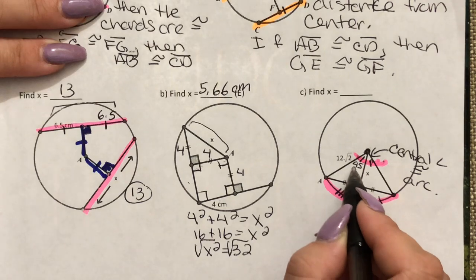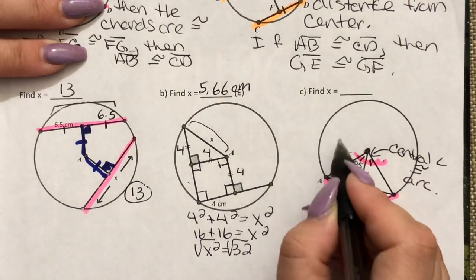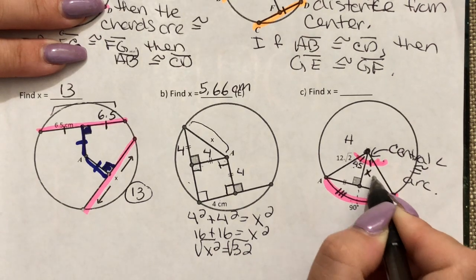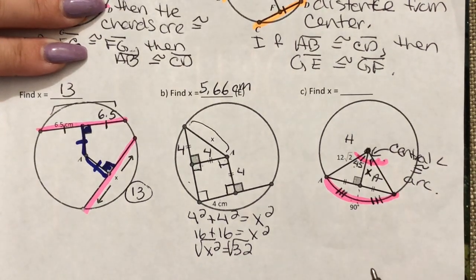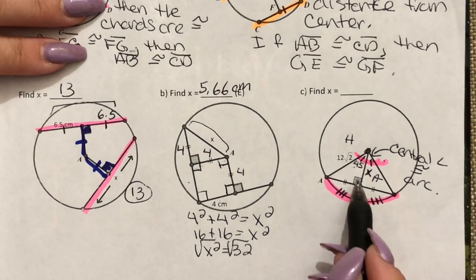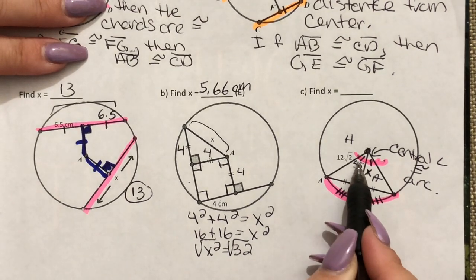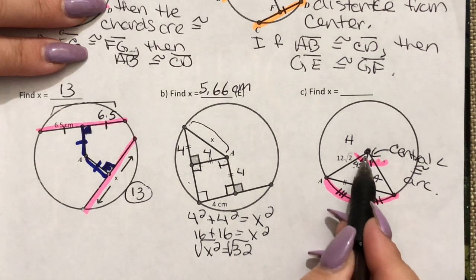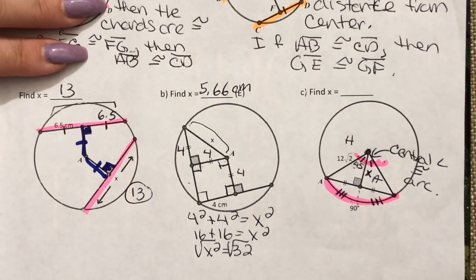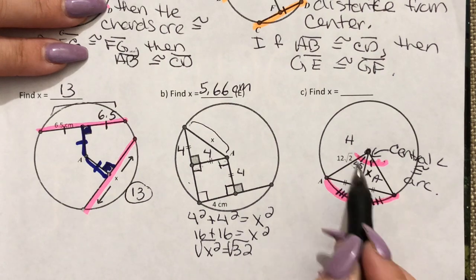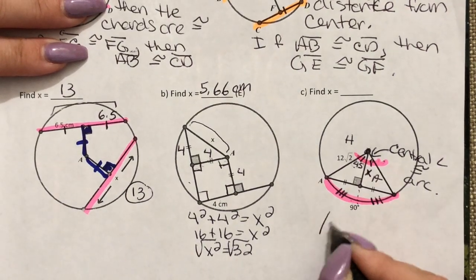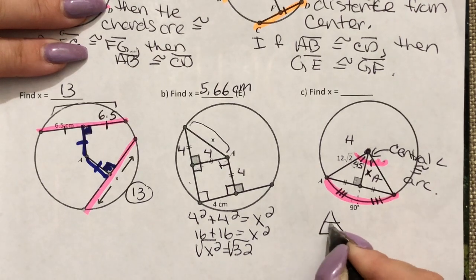And if this is my theta and I label my triangle, I have my hypotenuse and x, which is the side I'm trying to solve for, that is my adjacent side. So I have a 90-degree angle and a 45-degree angle. Since it's a right triangle, I can use trig. Since I found out theta, which is 45, I can use that to label my triangle hypotenuse and adjacent. And that means that I'm going to use cosine.